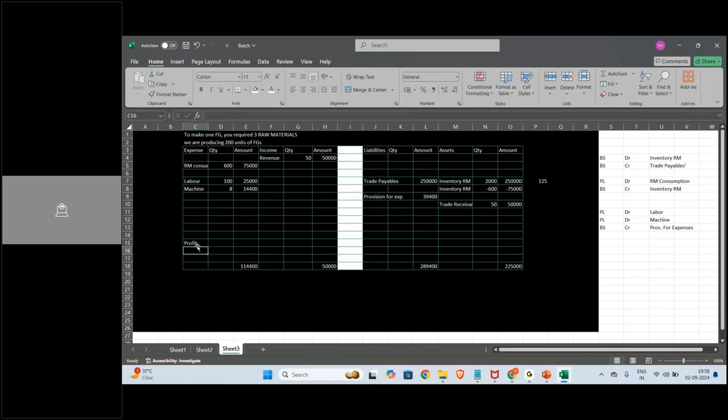Have we made profit or loss? See, revenue is 50,000, expense is 1,14,000. So have I made profit or loss? Revenue for only 50 quantity we have sold.